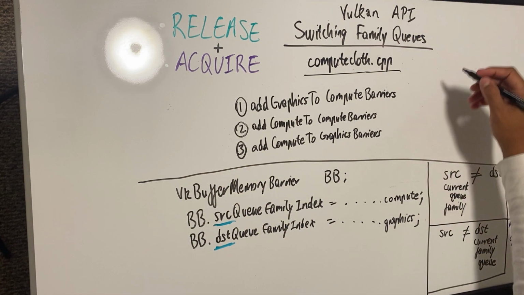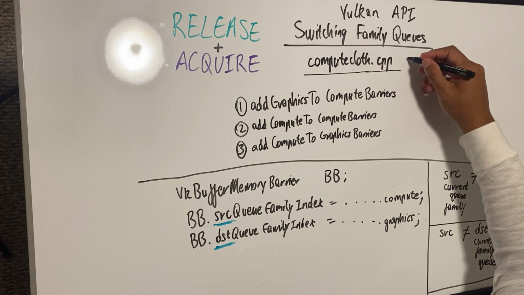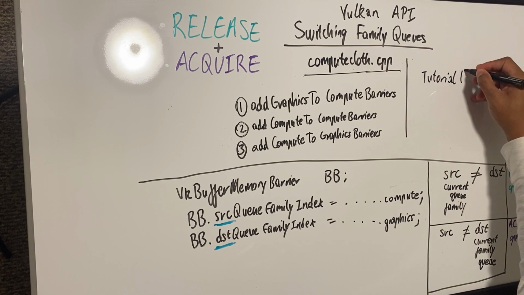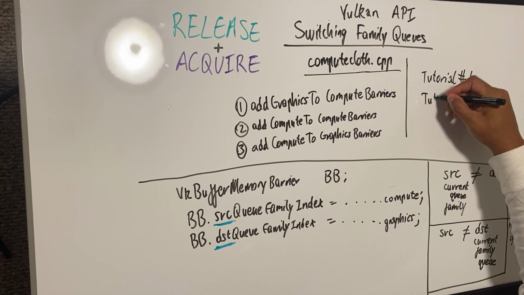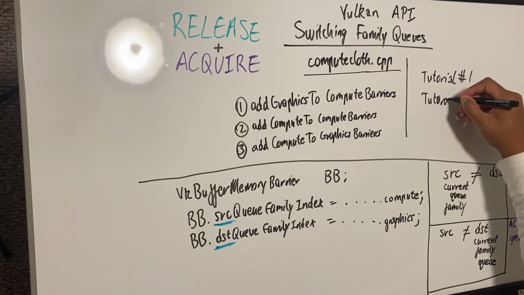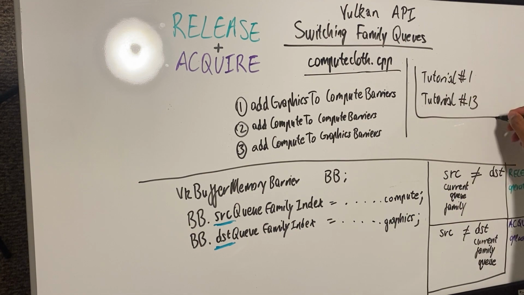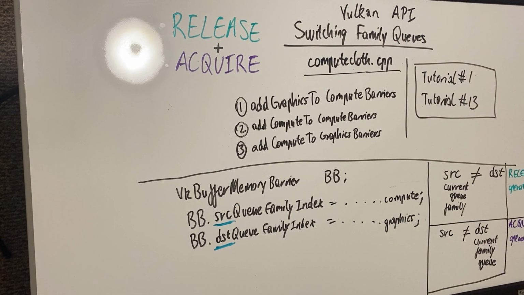Anyway, that's the lesson for today. Remember guys, tutorial number 1 and tutorial number 13. I want you guys to follow along. Vulkan is the future, OpenGL is the past. You know, we're going to holograms, we're going to simulation, military simulations.